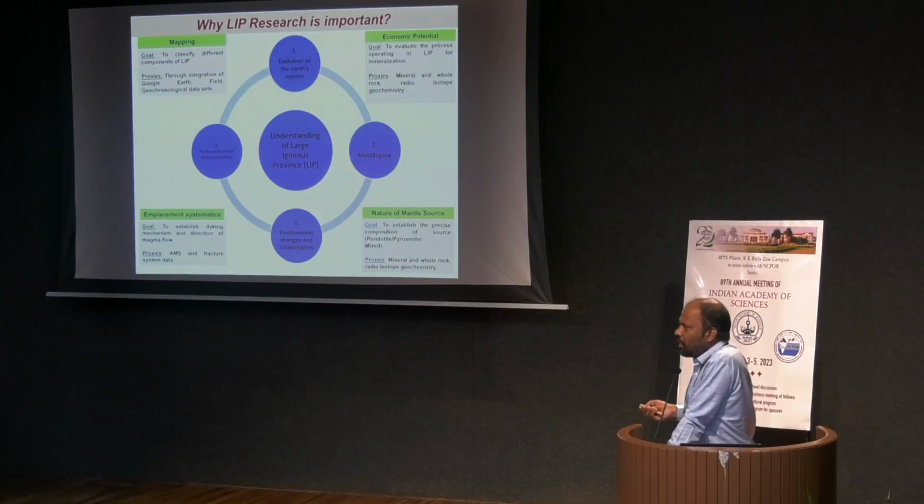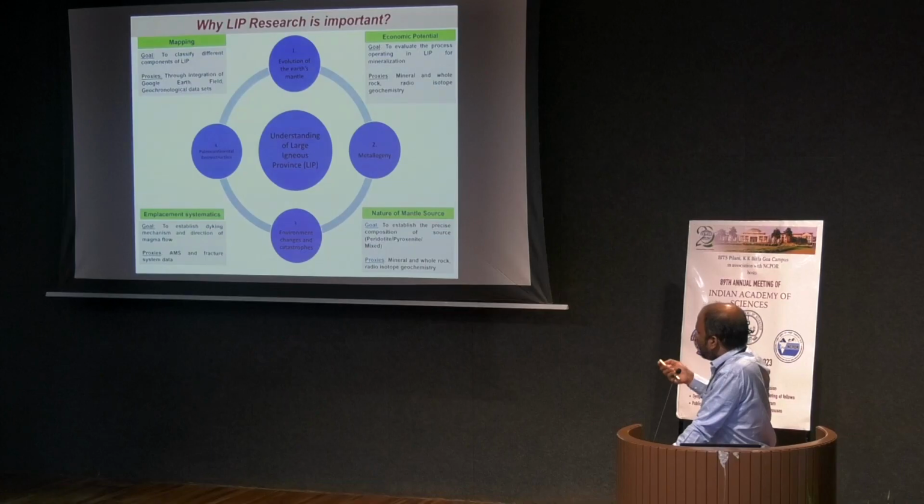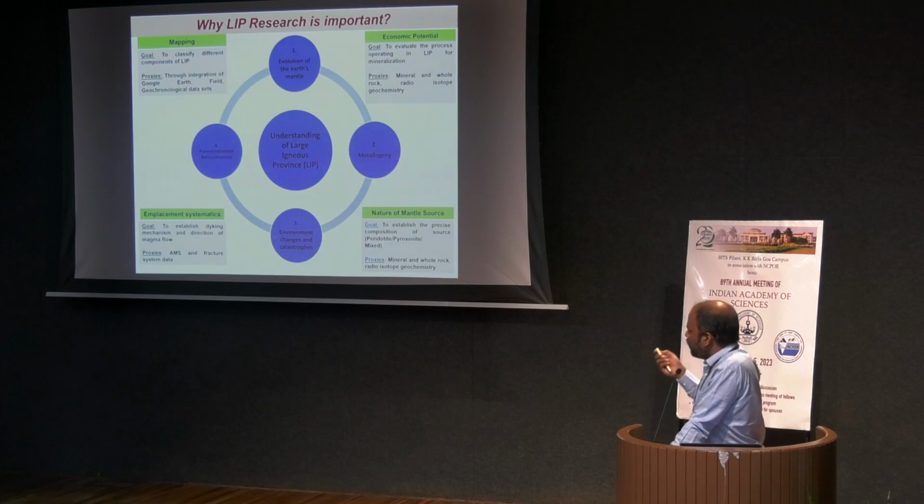We are also studying the emplacement systematics of these large igneous provinces, the mechanism of emplacement, whether the magma is coming in a vertical setting or a horizontal setting. That can be achieved by the study of anisotropy of magnetic susceptibility and fracture system data. In the next discussions, I am going to discuss these four important frontiers on which we are working.